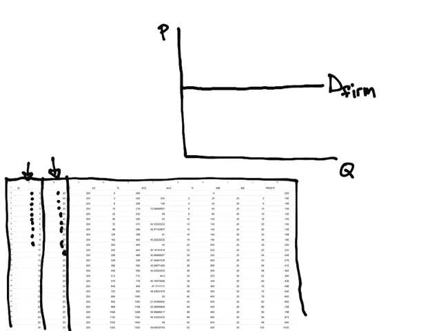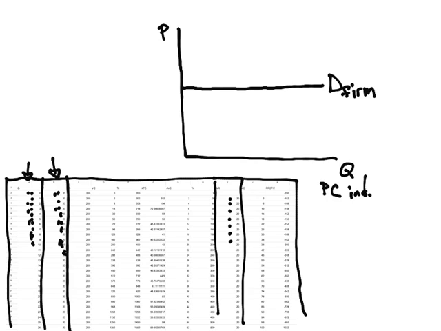For this firm in this kind of a market, it doesn't matter how much they sell, the price never changes. This is a perfectly competitive firm in a perfectly competitive industry. So this is why their marginal revenue never changes. Every unit they sell, it's always going to be the same.